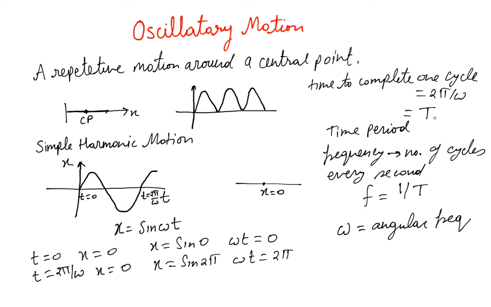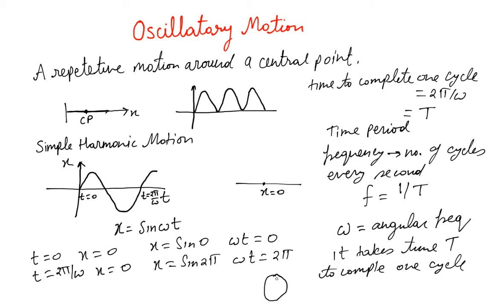So if it takes time T to complete one cycle, then you know that each cycle has 2 pi radians. So angular frequency, angle traveled over time, is 2 pi divided by capital T.